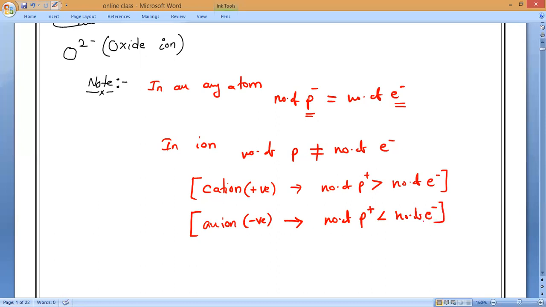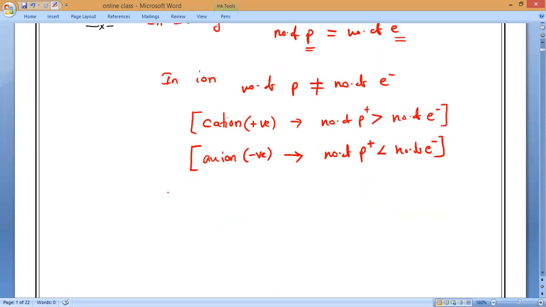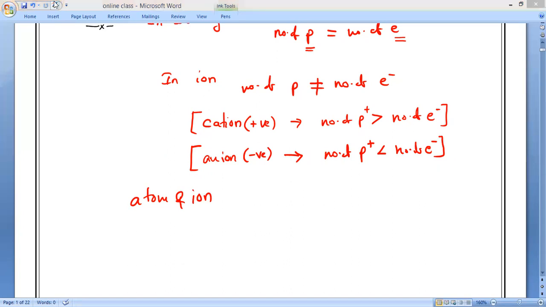And next, all of you remember, atom and ion. In the sense of subatomic particles, in atom and ion the electrons are not equal, but who is equal?